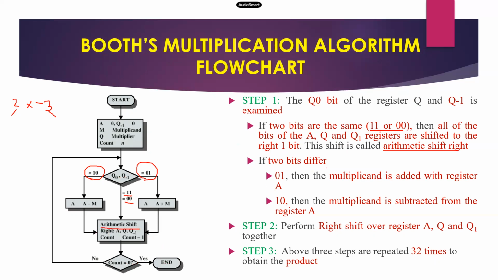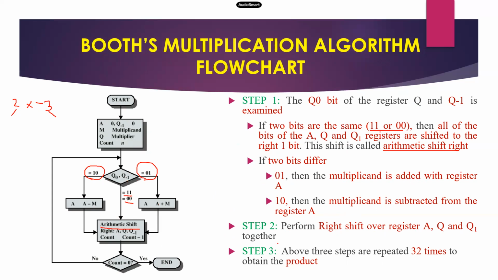And if the two bits are different, if 0 1, the multiplicand is added to register A. If 1 0, the multiplicand is subtracted from register A. Then in step 2, perform the right shift over registers A, Q and Q minus 1, whether it is 1 0 or 0 1, we perform the arithmetic shift right one time and decrement the count.